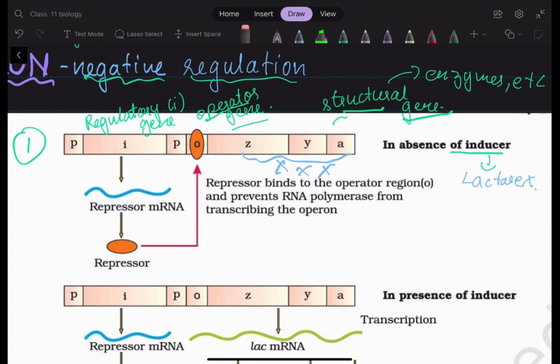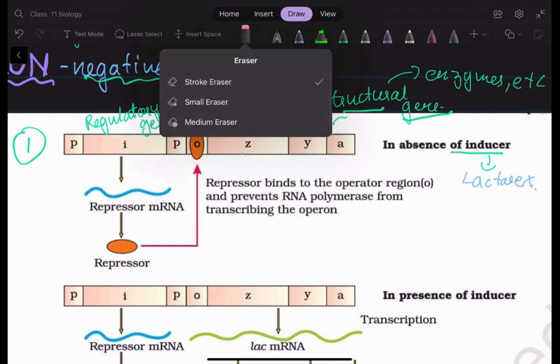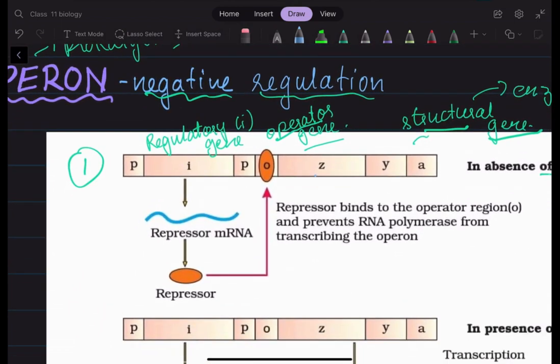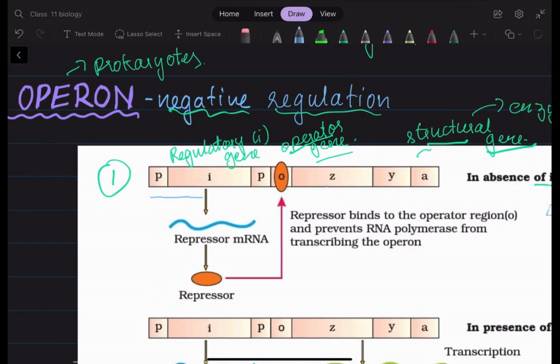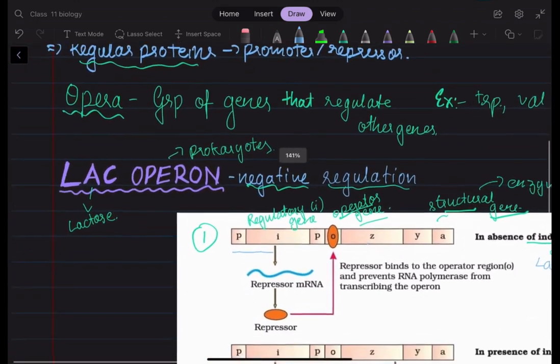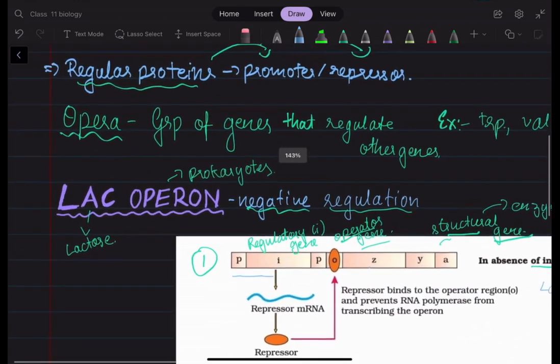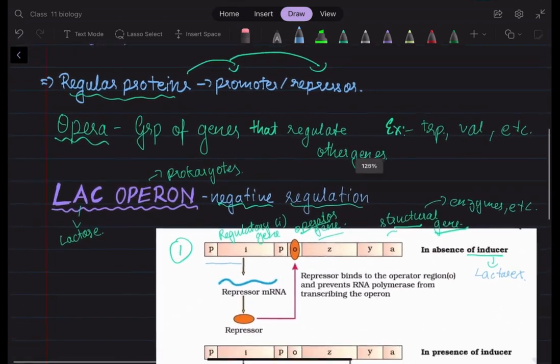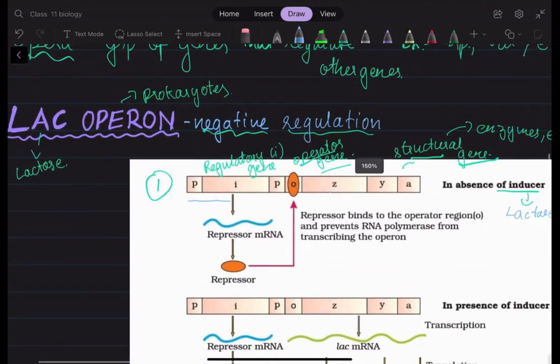So for that to happen, what happens is that, as usual, our RNA polymerase starts polymerizing as it reaches the code. So first it starts from the regulatory gene, and this regulatory gene, I told you, codes for a regulatory protein which can either be promoter or repressor. Since this is a negative regulation, it will code for a repressor.